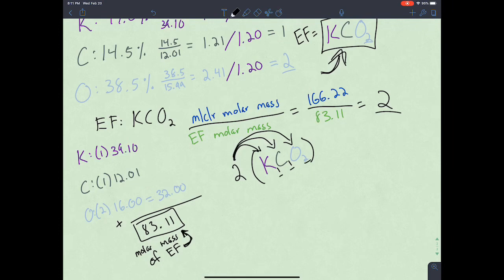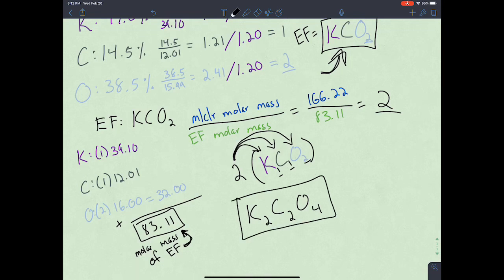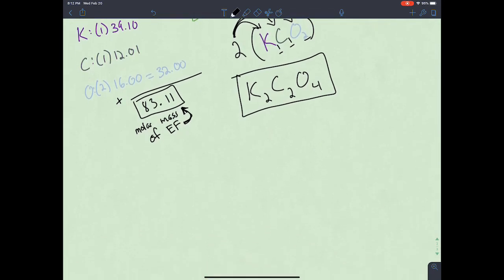So we end up with K2C2O4. This is our molecular formula.